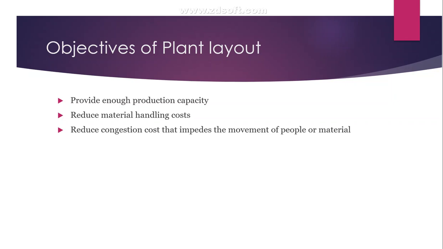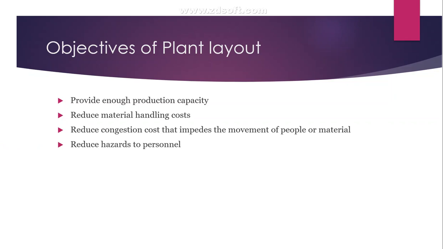So this helps us to avoid or reduce the congestion cost in terms of overloading the material or people into a production process. It helps us manage and have a correct picture of the involvement of materials and people in respect to the production process.